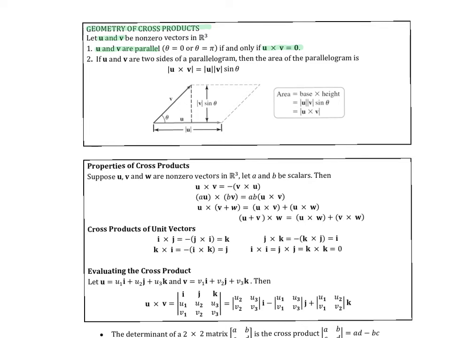So the second case is if u and v are two sides of a parallelogram. And that's going back to when we were looking at vector addition. So let's say we have our vector u, we have our vector v, and if we add these vectors together, we will have this vector u plus v between them, and then that would give us the remaining sides of our parallelogram.